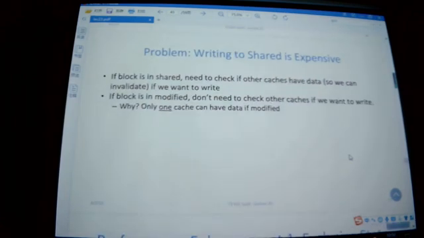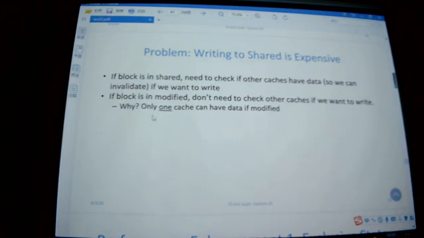Okay, this is the problem: writing to shared is expensive. If the block is in shared, we need to check whether other caches have the data. If the block is in modified, we don't need to check other caches if we want to write.